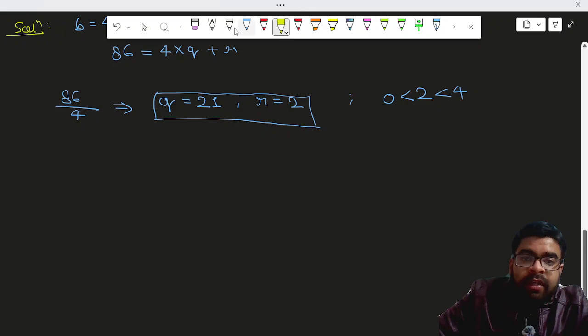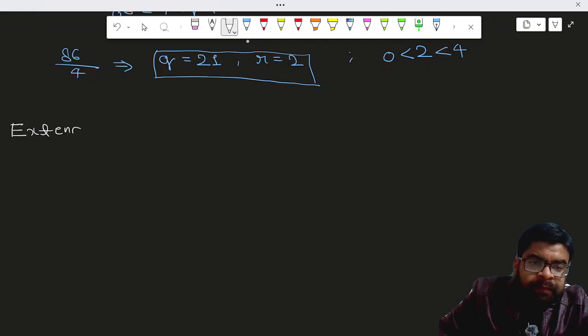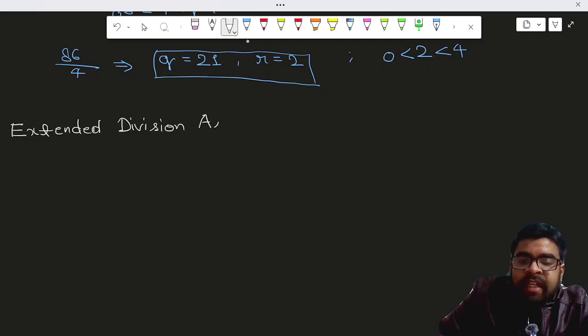Okay, so write on the next heading, extended division algorithm. So basically हमें एक्सटेंडेड डिवीजन एल्गोरिथम की यूज ही क्यों हुई, मीन्स हमें इसकी क्या आवश्यकता पड़ गई जबकि हमारे पास डिवीजन एल्गोरिथम था.